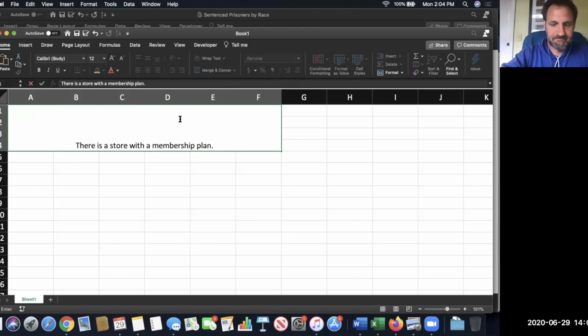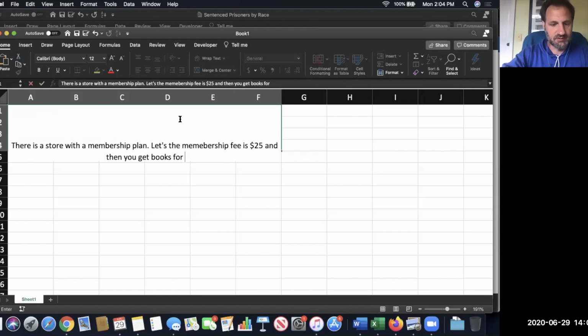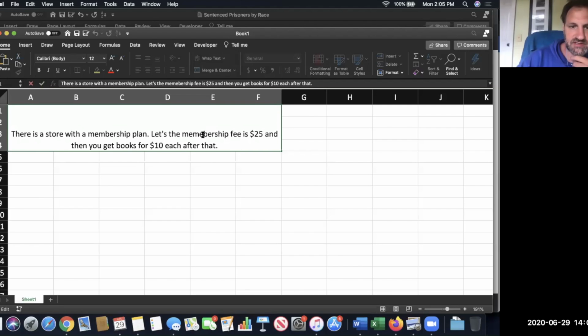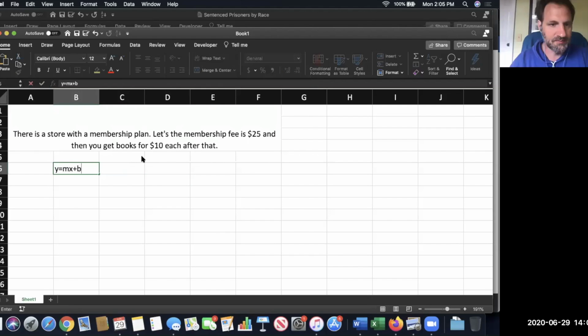So let's say the membership fee is $25, and then you get books for $10 each after that. So we can turn this set of words into a linear model.